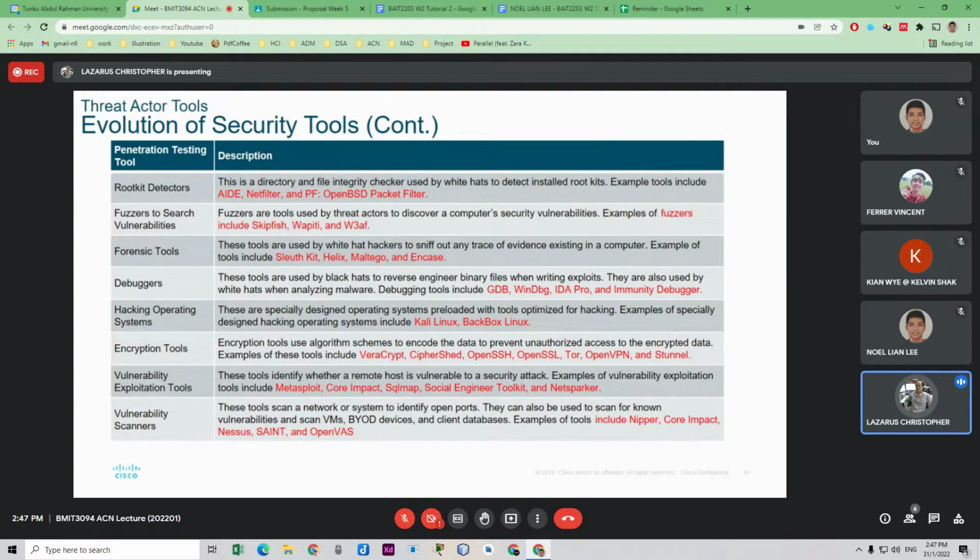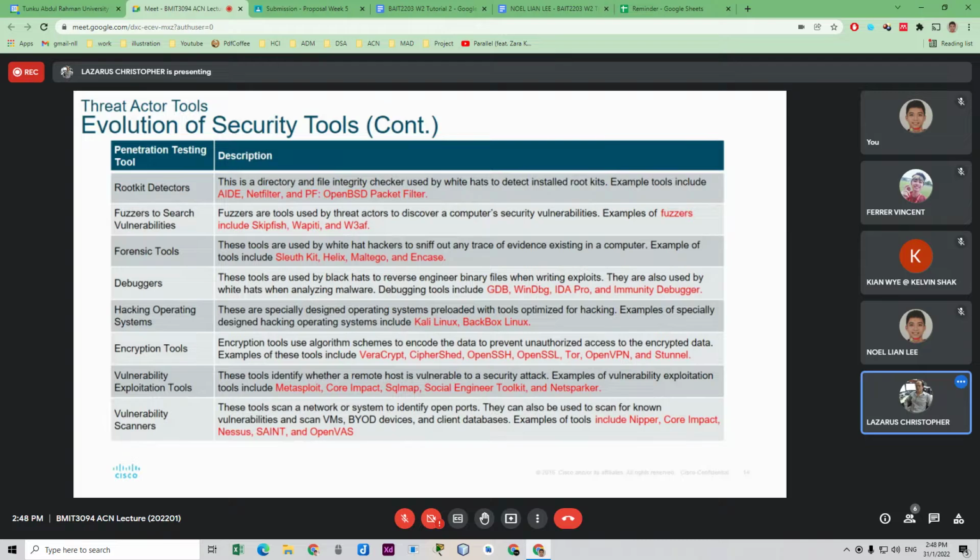Unless you have very strong evidence, it's sometimes very hard to get them in court. So we use forensic tools to capture evidence, just like the CSI collects evidence in real life. Digitally, you can also have forensic tools to collect digital evidence.